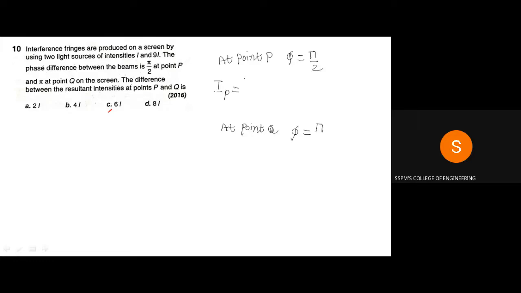IP equals to I1 plus I2 plus 2 into square root of I1 I2 cos phi, where phi became pi by 2.